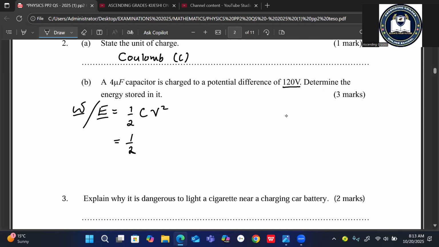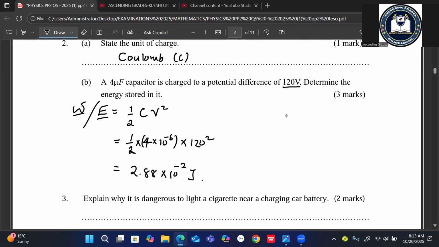This will be half times the capacitance of 4 microfarads. We convert it into farads, so it is 4 times 10 raised to power negative 6 farads, times a voltage of 120 squared. This is going to give us 2.88 times 10 raised to power negative 2 joules.